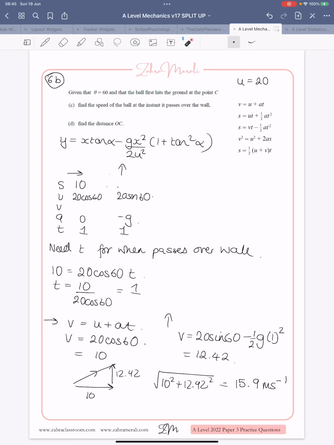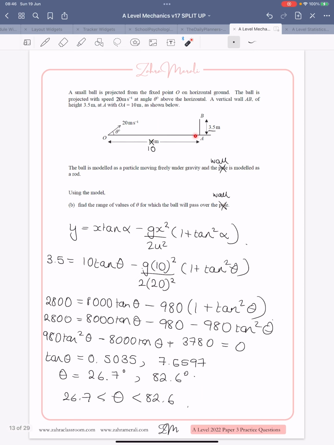Now remember, the speed is not a vector, it's a scalar, but we've got to consider both our horizontal speed and our vertical speed. In order to do so, we need to find out the time when it goes over the wall. Now we can't use the vertical bit because we want it to go over. We don't want it to hit that wall at 3.5. So we're going to use the horizontal bit of 10, this horizontal bit of 10.